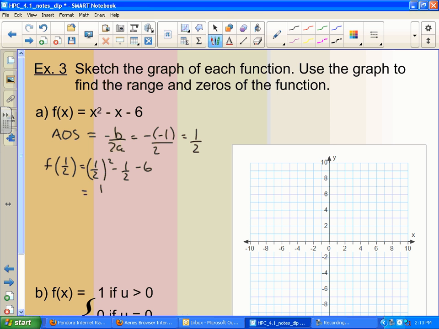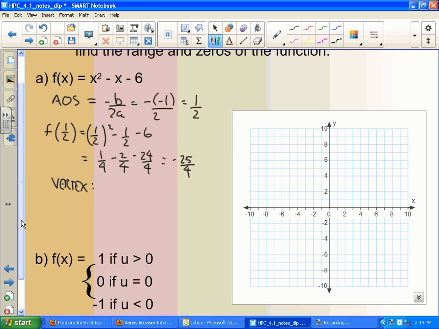We get 1/4 minus, I'm going to change everything to fourths, 1/4 minus 2 fourths minus 24 fourths, giving me negative 25 fourths. So my vertex, we'll change it back to a decimal because we're going to be graphing it, is 0.5 and negative 6.25.